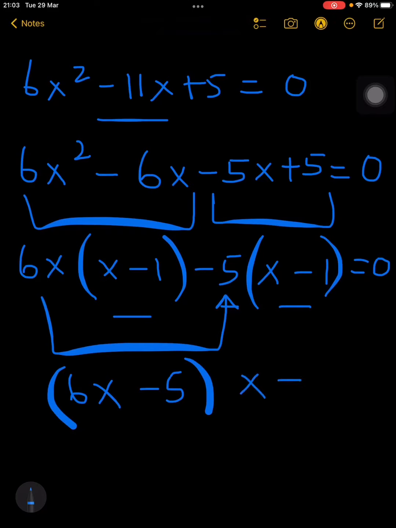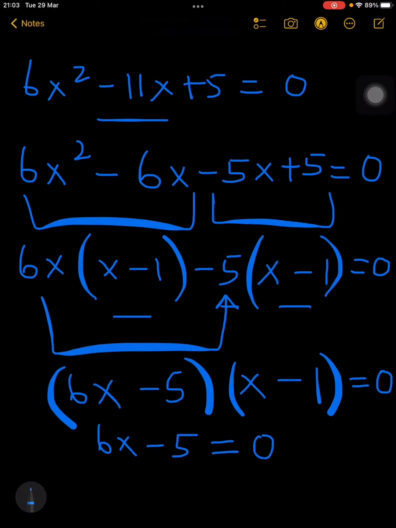And then we take either of them equals to 0. Equate the first one with 0, get the value of x. Equate the second one with 0, get the value of x. We'll have 6x minus 5 is equals to 0. 6x is equals to, take minus 5 the other side, it becomes a positive 5, and 6.